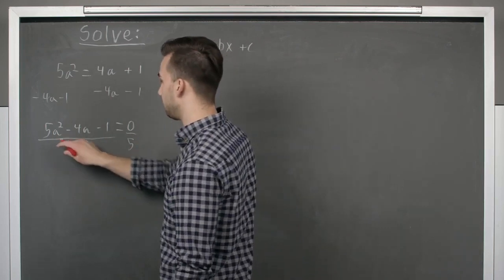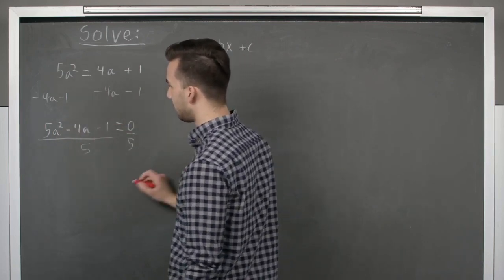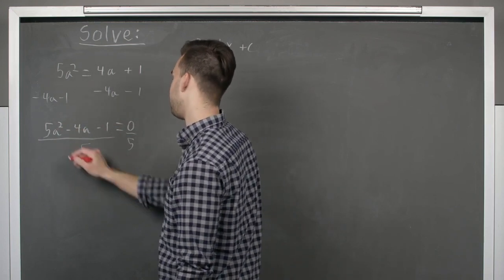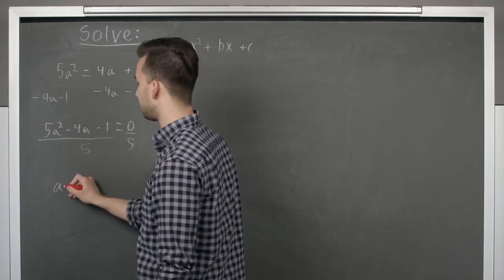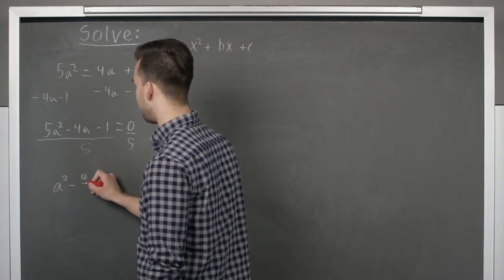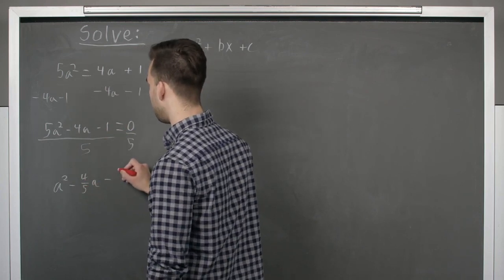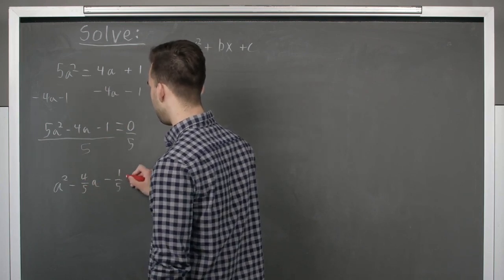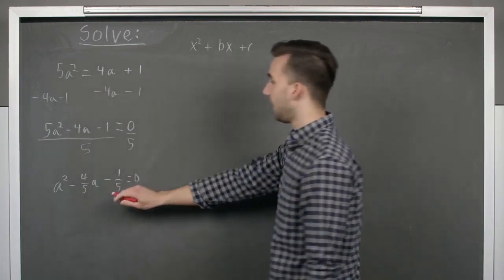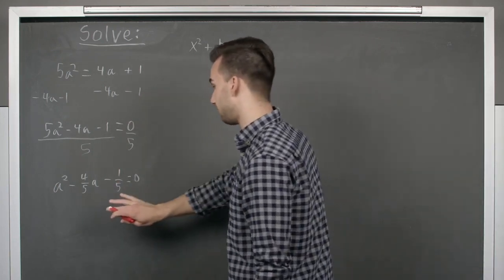So if we do that here, we can break this into fractions. What's 5 divided by 5? It gives us a squared. And then we have minus 4/5 a, and then minus 1/5 equals 0. And this is still in this form, so we can just go ahead and factor.